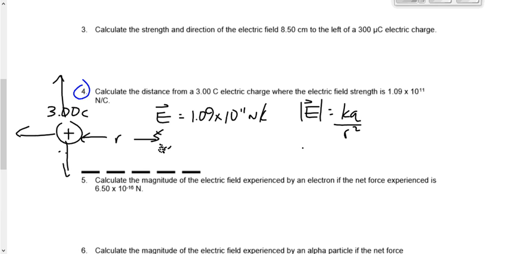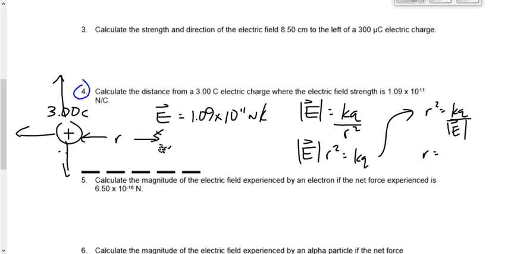We're going to rearrange this to solve for R. Take the R squared up by multiplying: E times R squared is equal to KQ. Take the E down by dividing: R squared is equal to KQ over E. And then finally, we solve for R. What are we going to do? Square root it. Good. So it becomes the square root of KQ over E.